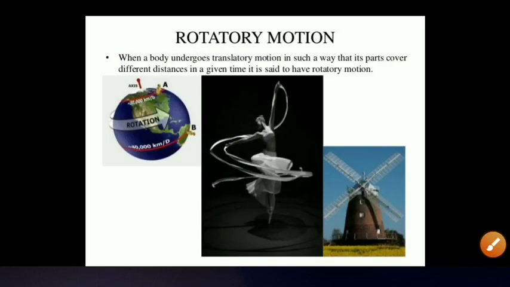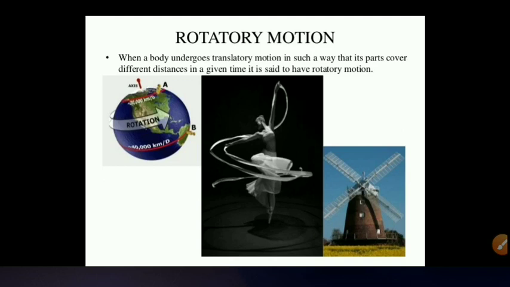Rotatory motion. If a body moves about a fixed axis without changing the radius of its motion, it is called rotatory motion.